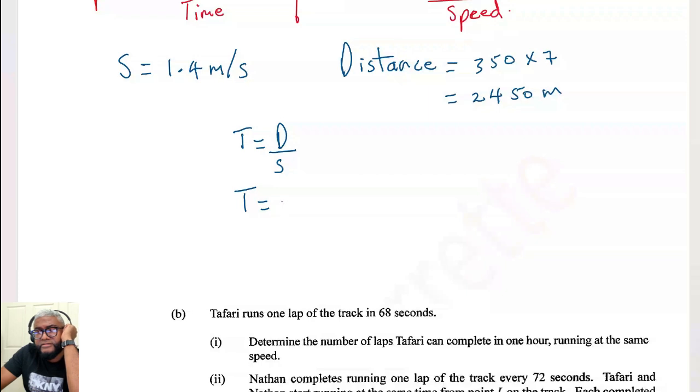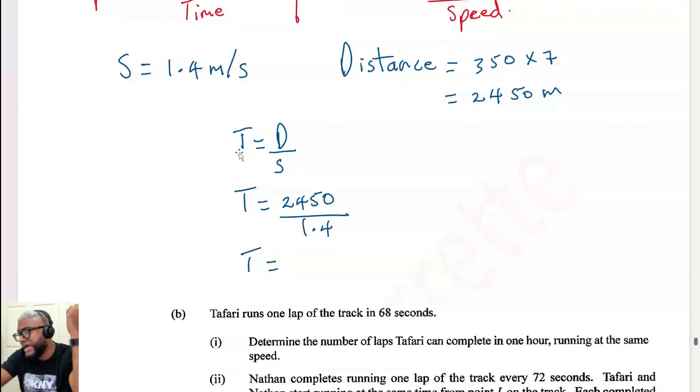Distance is 2,450, divided by speed. Speed is 1.4 meters per second, so just 1.4. So when we divide this, what would be my time? How many seconds is this taking? Because we are in seconds.